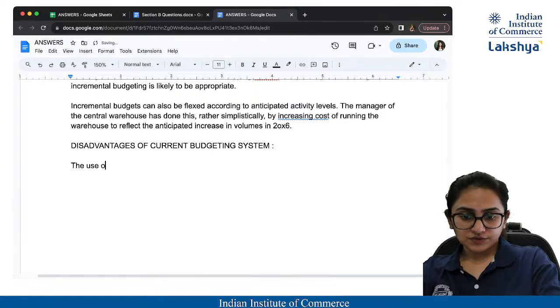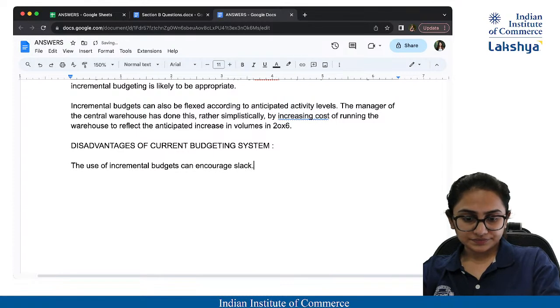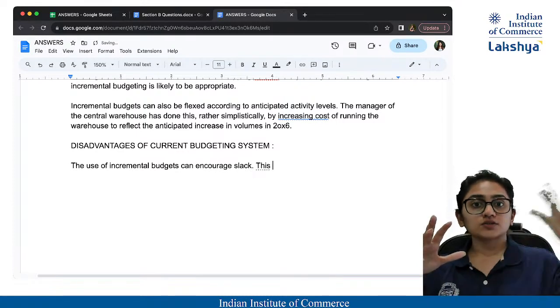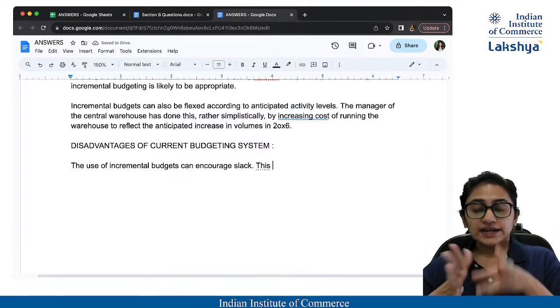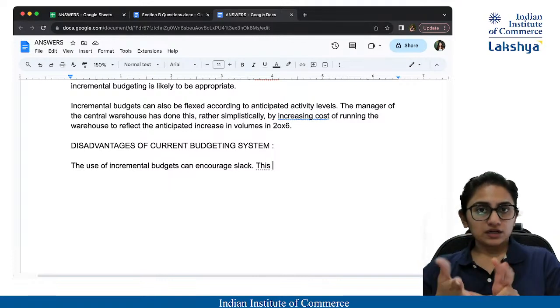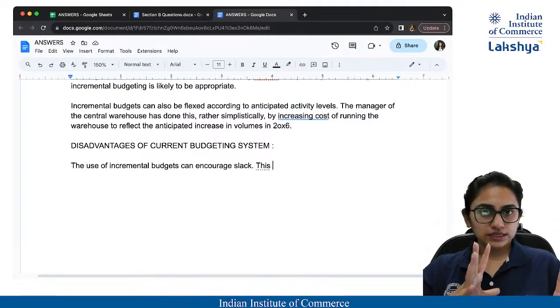The use of incremental budgets can encourage slack. That means every year it is going on adding and adding and adding. So incremental budgeting is basically taking last year's value and making additions and subtractions.